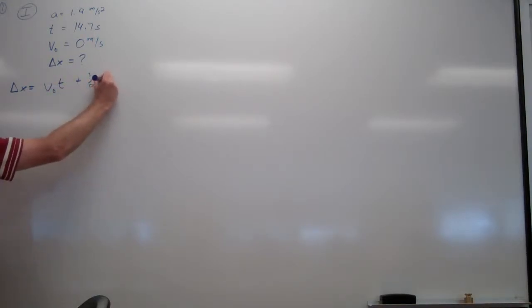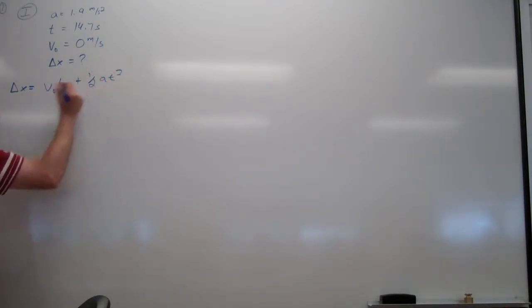What are we going to be looking for in this first part, do you think? Delta x. I'm looking for delta x. Let's go ahead and find delta x. What of those first 4 equations over there has these 4 variables in it? Third one. So we're going to say delta x equals v0 t plus 1/2 a t squared.